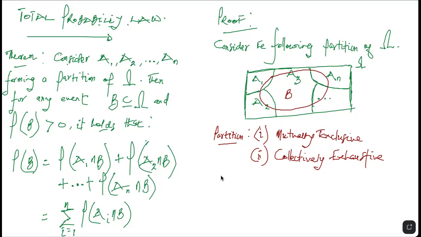So it means that my sample space, okay, it consists of events A1, A2, all the way to AN.